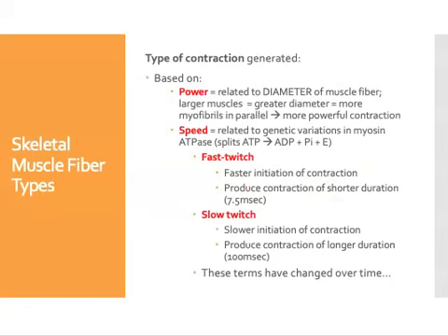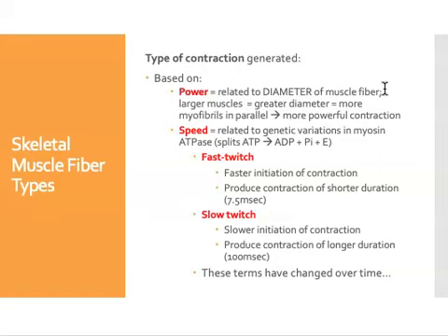Let's start with differences among muscle fibers based on the type of contraction that's generated. By type of contraction, we mean how powerful it is and how fast it is. Now, the power of a contraction is related to the diameter of the muscle fiber.